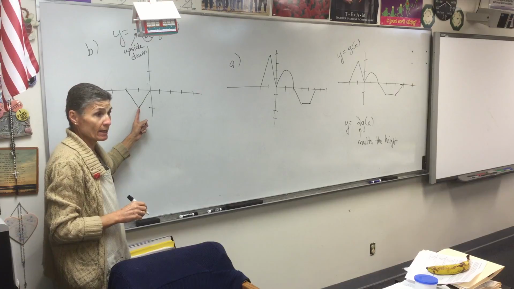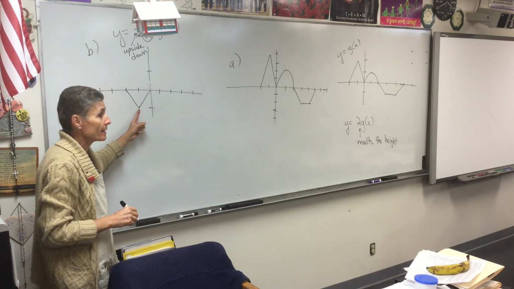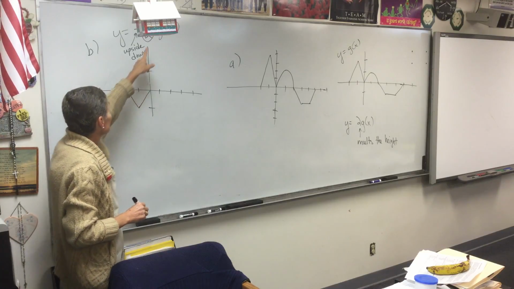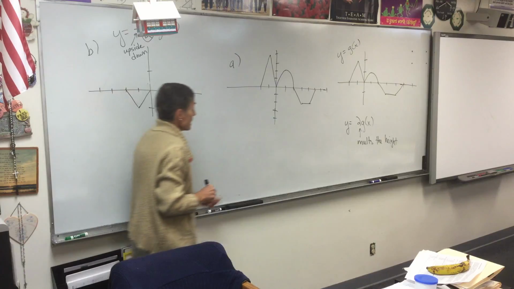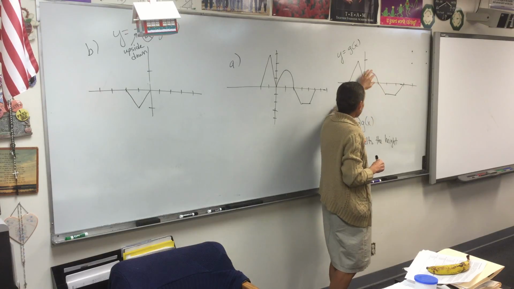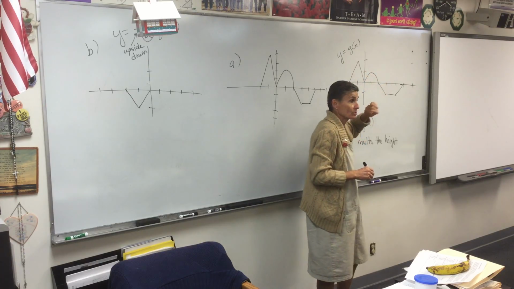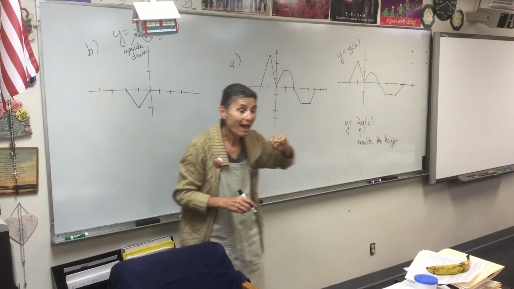So there would be my triangle. Half as tall and upside down. Now, our semicircle is going to be upside down. And how tall is he going to be? 1/2.